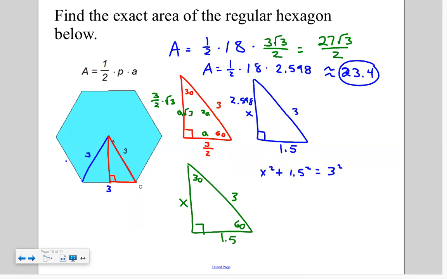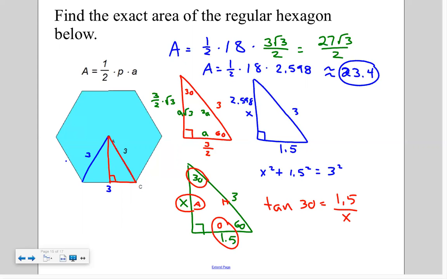So let's say I use the 30-degree angle here. I want to solve for x. From this angle, we have opposite, hypotenuse, adjacent. I'm going to use opposite and adjacent. I could have used hypotenuse and adjacent if I want to solve for that; you could use either one. I'm going to use opposite and adjacent, which is tangent. Tangent of 30 equals 1.5 over x.